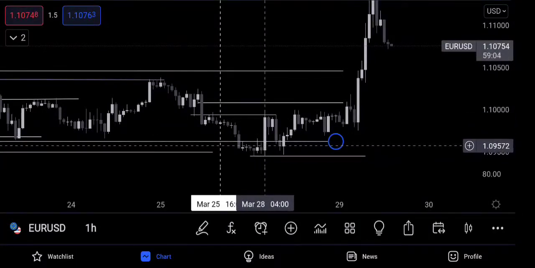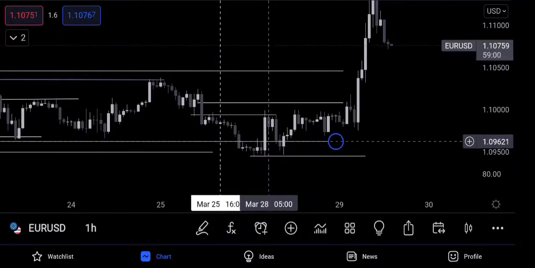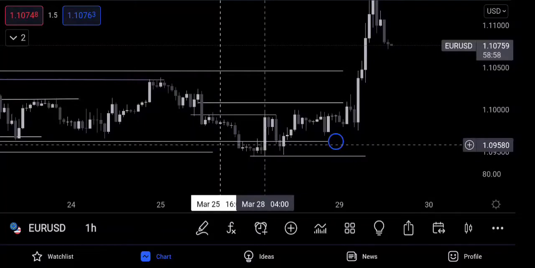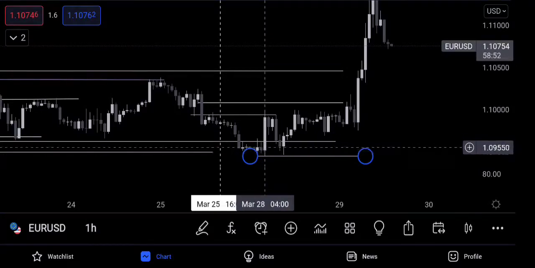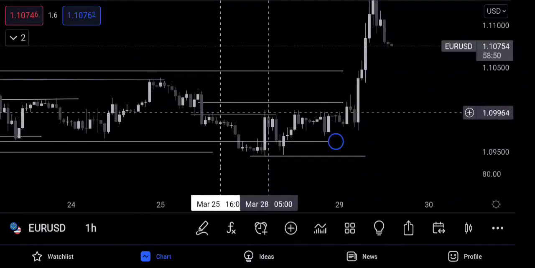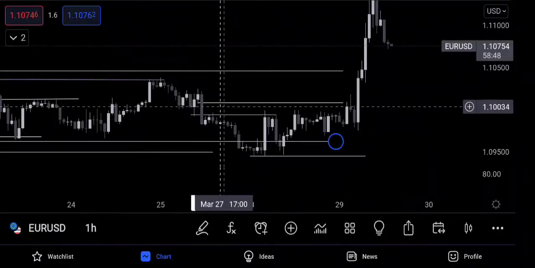So we know based off this setup where price was going, well before this even happened, right? Before this even happened right here, I already knew the overall direction was going up. But before this even happened, price spiked up just to tap into this void. Let's speak about that.